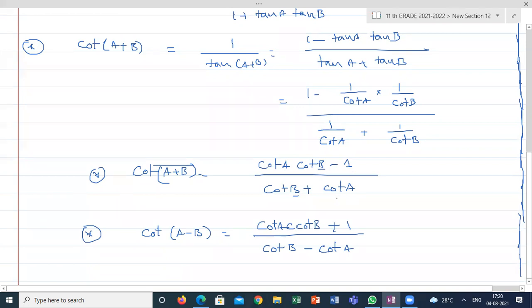Is it clear? Now, these are the standard formulae. I don't want to ask you to remember more than this.